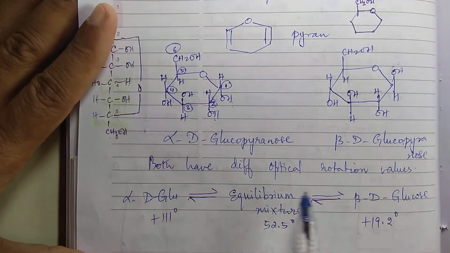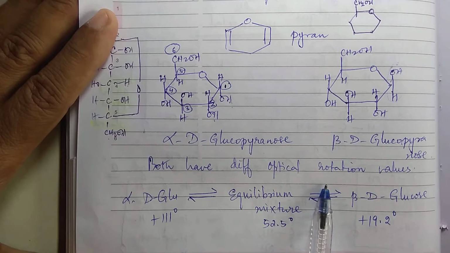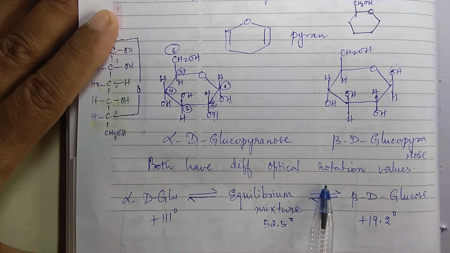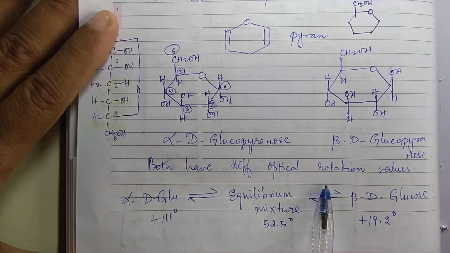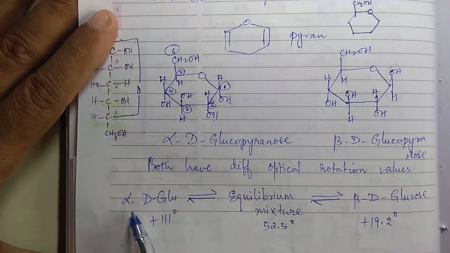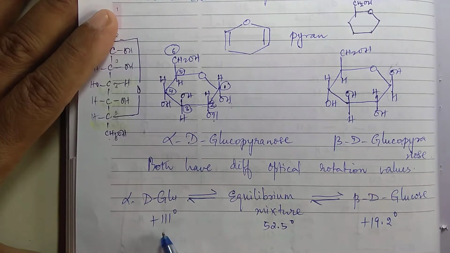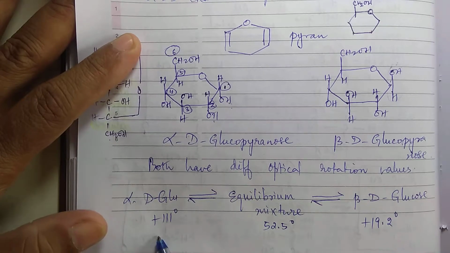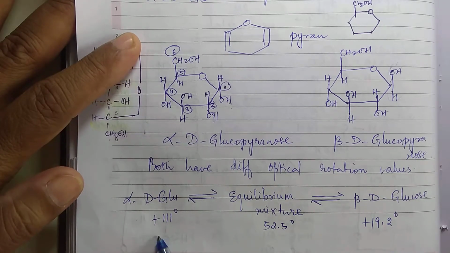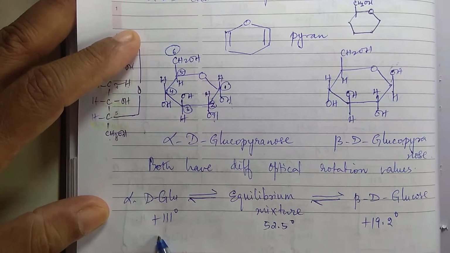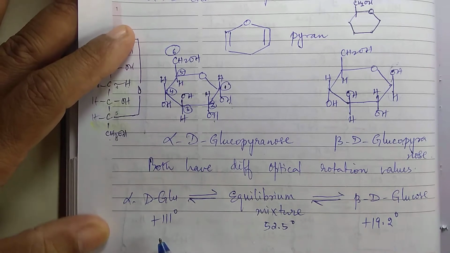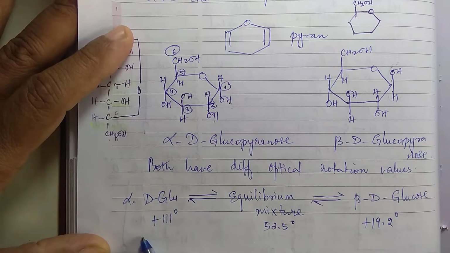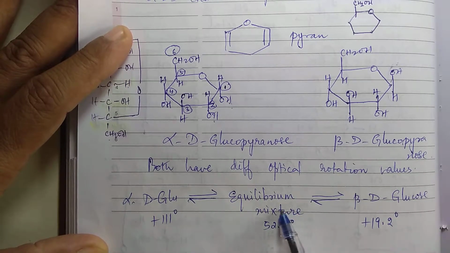Now both have different optical rotation values. That is, they rotate the plane of polarization of light at different angles. Now, this alpha D glucose has an optical rotation of plus 111 degrees. And if you put this alpha D glucose in water, what happens? Slowly it changes from plus 111 to plus 52.5.